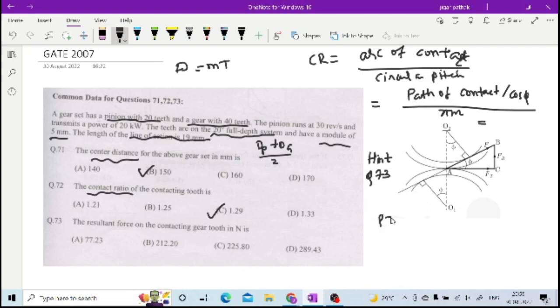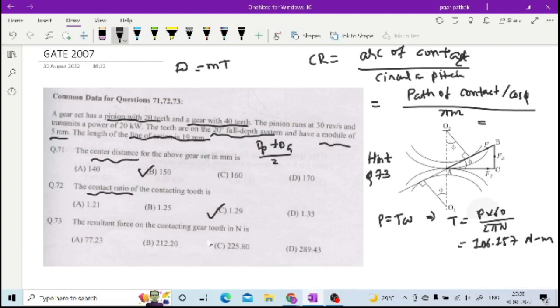So first what you have to do is, power is equal to torque into rotational velocity, T omega, right? So T will be equal to P into 60 by 2 pi n. Once you do this, you will find your torque, that is 106.157 Newton meter.